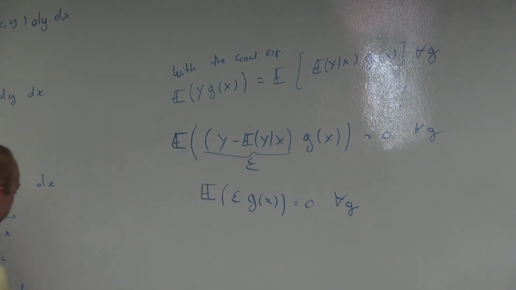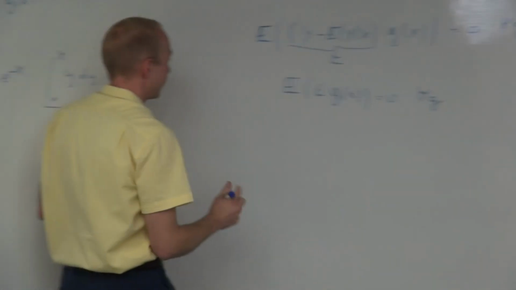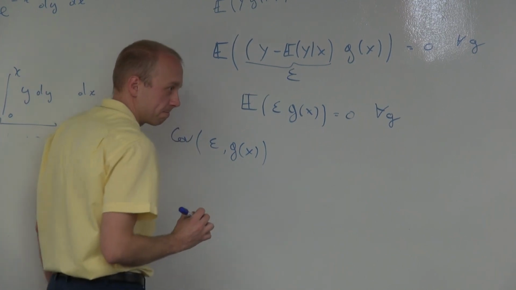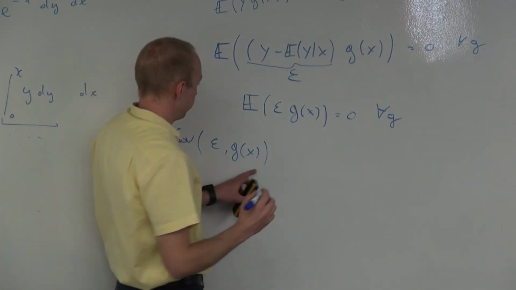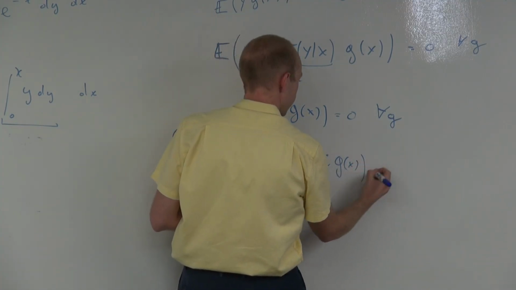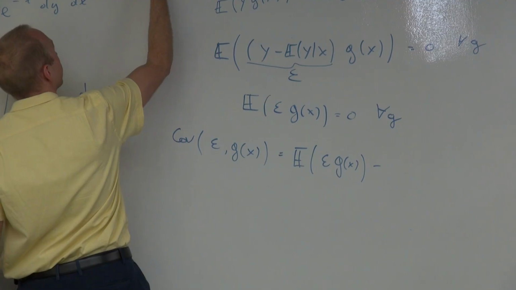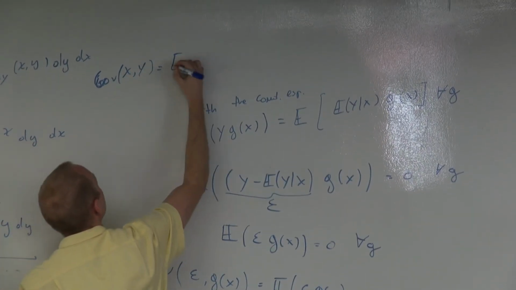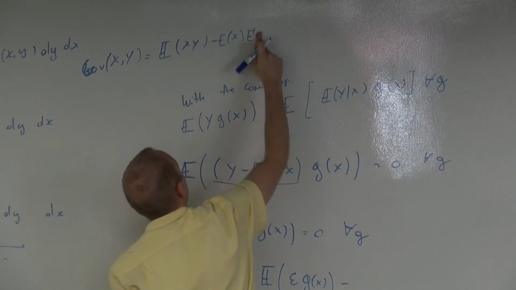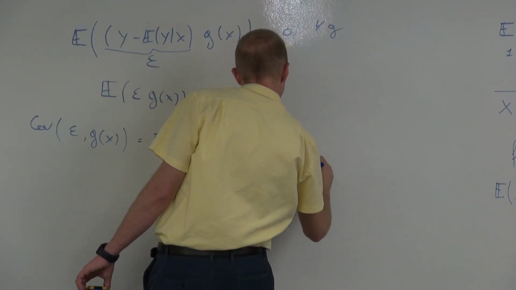And now this is the point. Imagine that you are interested in the covariance between epsilon and g. You can write the covariance as the expectation of epsilon times g of x, minus the expectation of epsilon times the expectation of g of x.